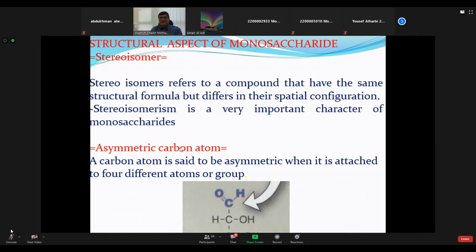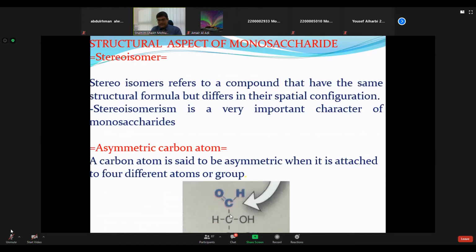Okay. Let's see what is written here. A carbon atom is said to be asymmetric when it is attached to 4 different atoms or groups. Like this carbon atom. This carbon atom is asymmetric. Why?